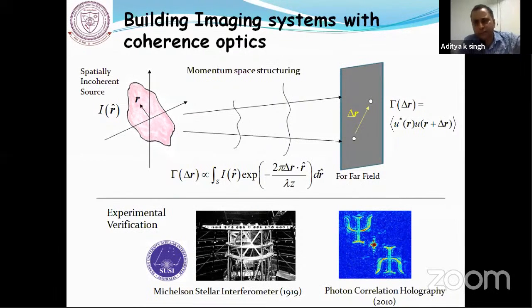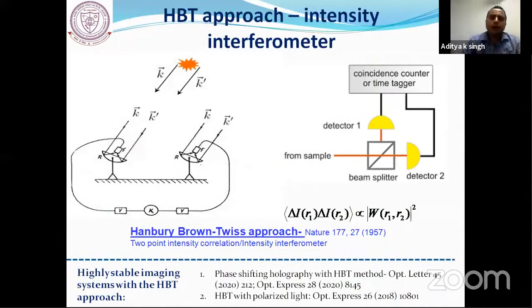There are many applications of this correlation imaging, like the Michelson stellar interferometer, photon correlation holography, and ghost imaging, which is also connected with correlation techniques. So what is the Hanbury-Brown twist approach, or intensity interferometer? This was proposed in different contexts, but we are trying to use it in designing a different kind of imaging system.